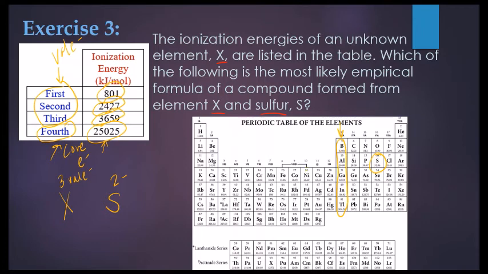So what would its charge be? 3 valence electrons in the boron group. What would its charge be? Yeah, it's +3. So if X is +3 and S is -2, what's our compound going to be if we write out our compound? X2S3. Exactly right.